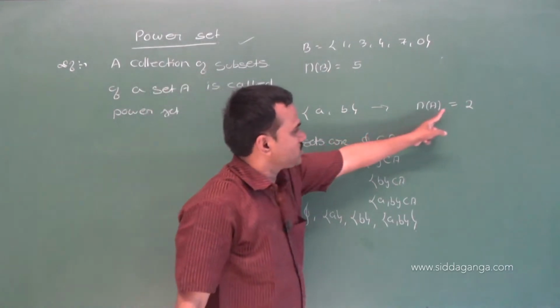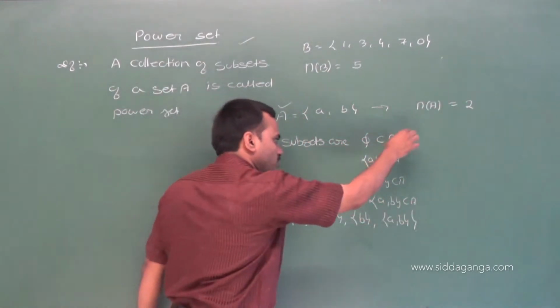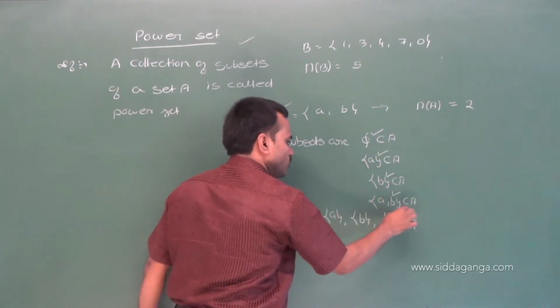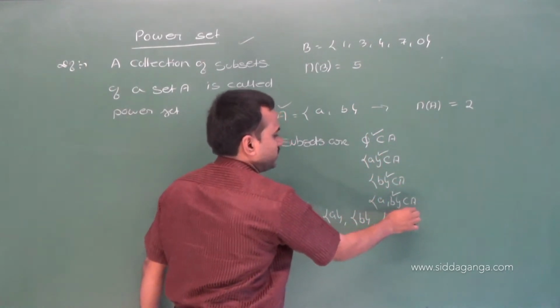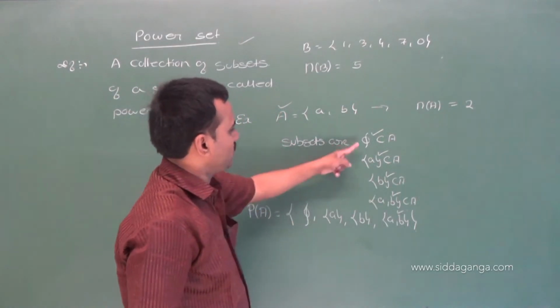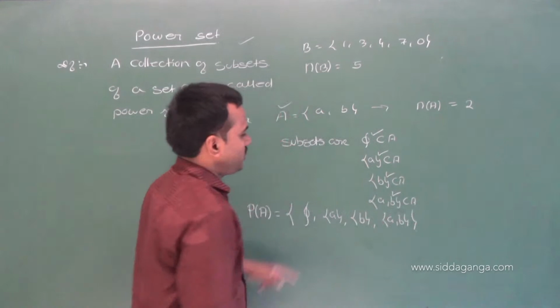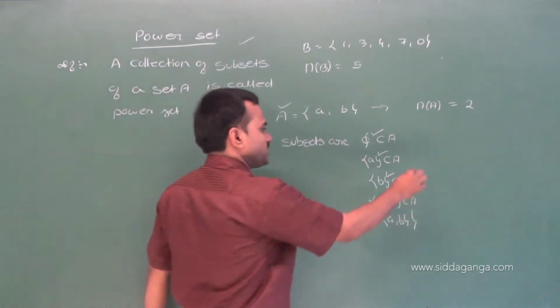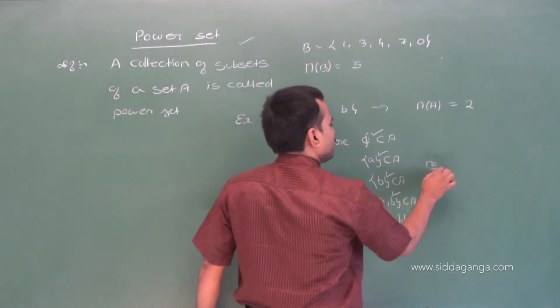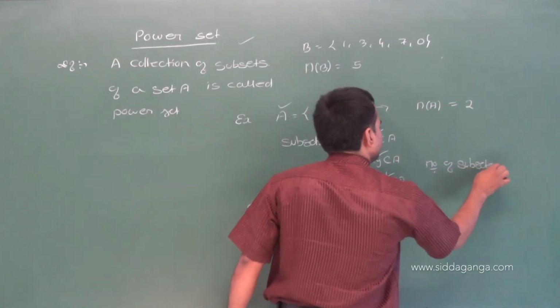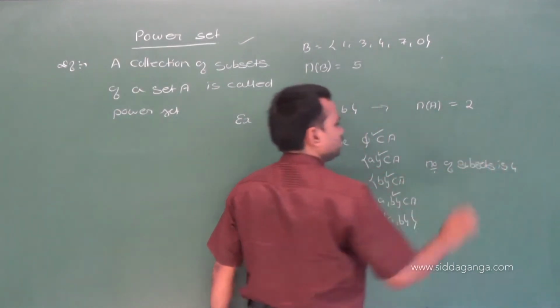So n of A is what? 2. Number of subsets 1, 2, 3, 4. Sorry, this is not 5. Number of subsets, how much? Number of subsets is 4.